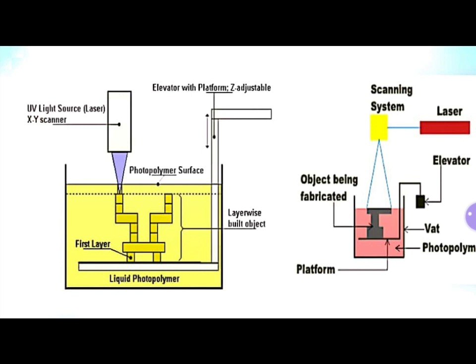First of all, you can observe in the first figure that when the light is incident on the photopolymer surface, it is going to be hardened depending upon the movement of x and y axis up to a certain thickness.